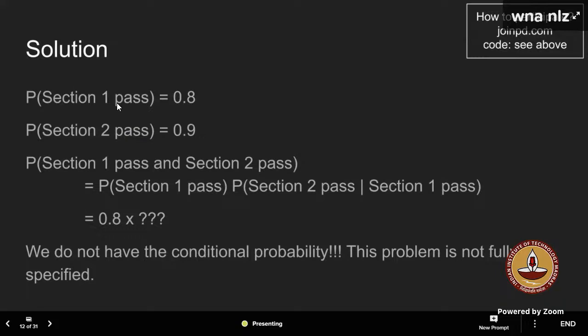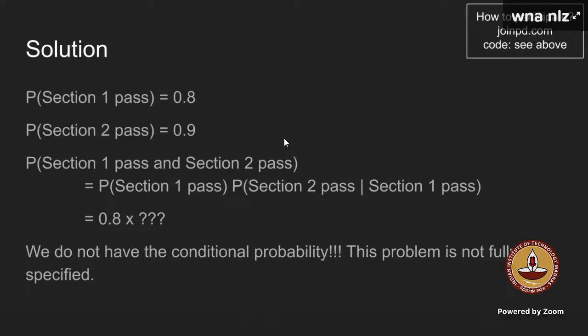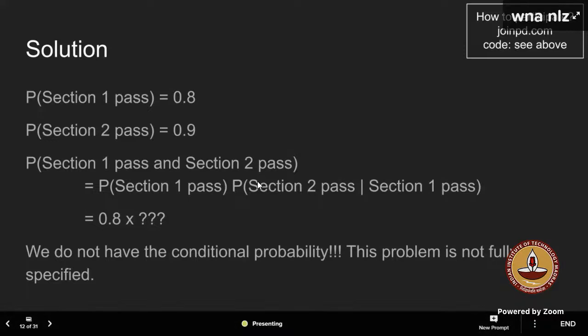But given passing in section 1, the probability of passing in section 2, this conditional part, we don't have any data for it. The only way we could have solved it was by assuming independence, but it is not mentioned in the question, so it's not the right approach.